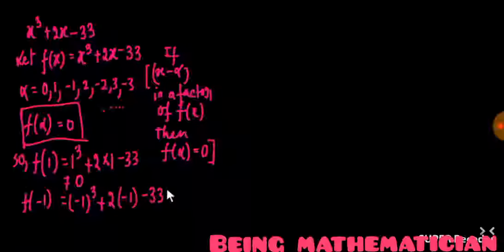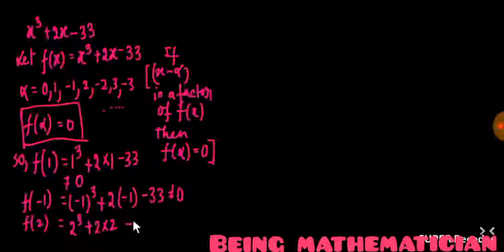So it is also not equal to 0. Now f of 2 equal to 2 cube plus 2 into 2 minus 33. This is also not equal to 0. Now f of minus 2 is also not equal to 0.